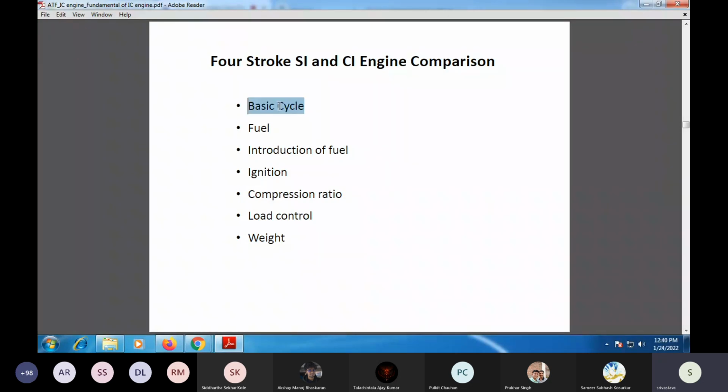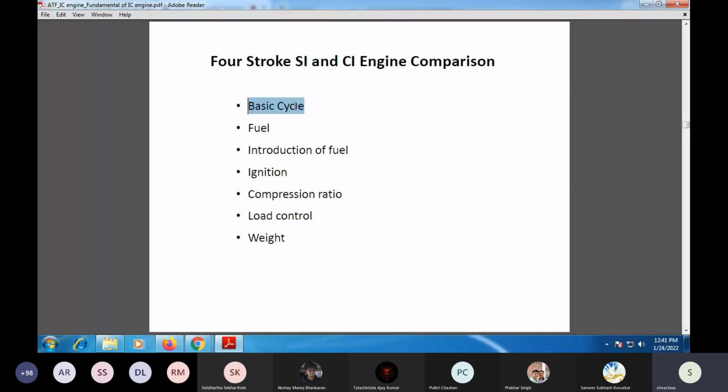Based on the basic cycle that we have not discussed right now, we will discuss that. But I am hoping that in your thermodynamics, you have at least gone through that the SI engine works on the principle of the Otto cycle and the CI engine is based on the diesel cycle. Details, a little bit we will also cover.